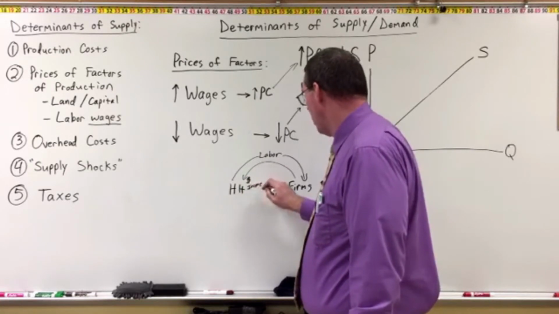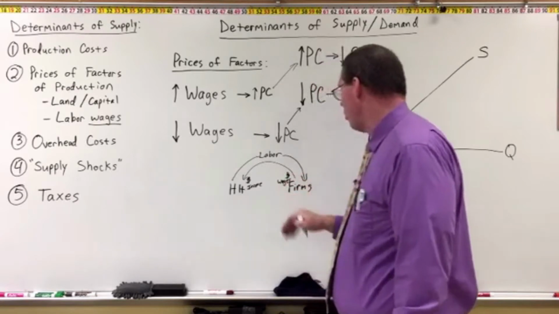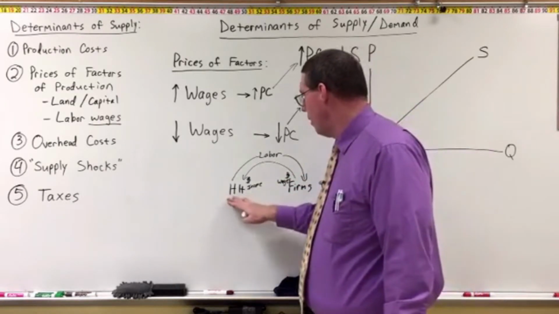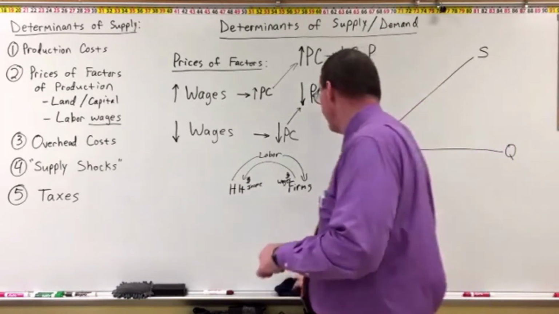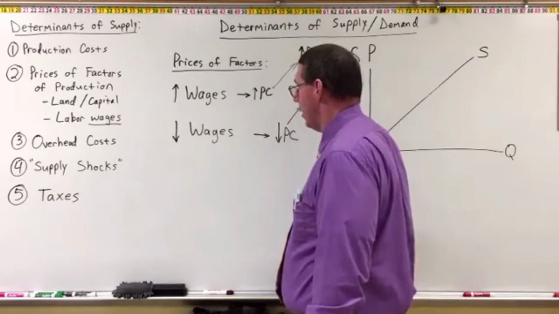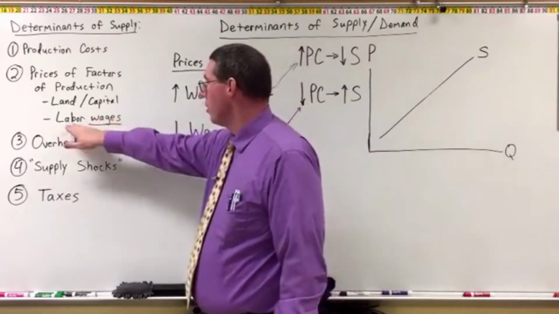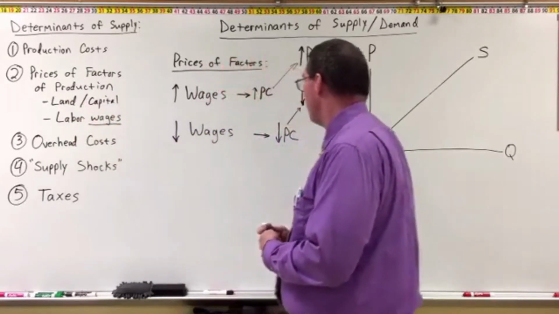But when firms pay it out over here, they call it wages. When it's a cost to them, it's called wages. When it's earned money for households, it's called income. So please remember that. And that's the main reason that I split out land and capital from labor. Also, the labor market often behaves a little differently than the land and the capital markets.